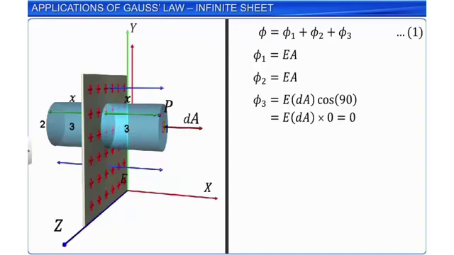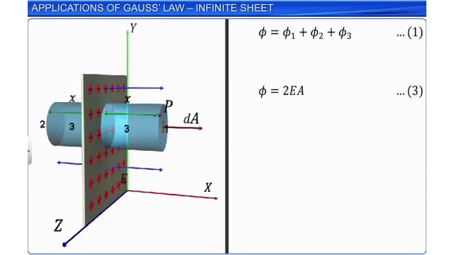Substituting the values of phi 1, phi 2, phi 3 in the expression for total flux phi, we get phi equal to 2EA. Let this be equation 3. According to Gauss law, phi is equal to Q in by epsilon naught.